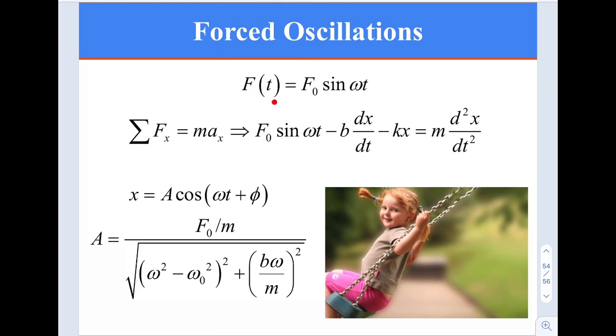Alright, so as we know, the F that we're going to apply as a function of time is equivalent to F naught sine omega t, and then Fx equivalent to Max, and then you may substitute everything here. Since we are not considering this equation in the previous part, for this one also we are not going to go into detail about the equation.